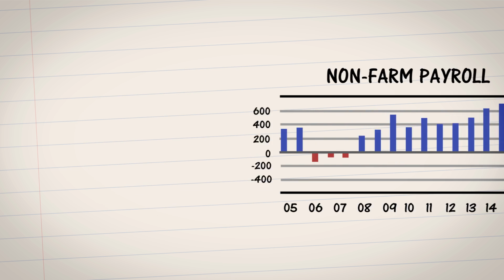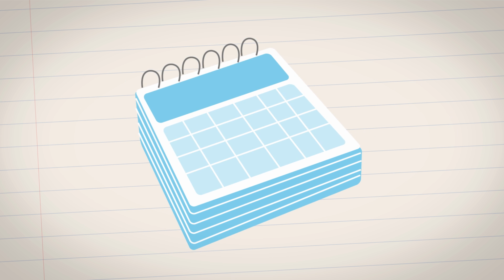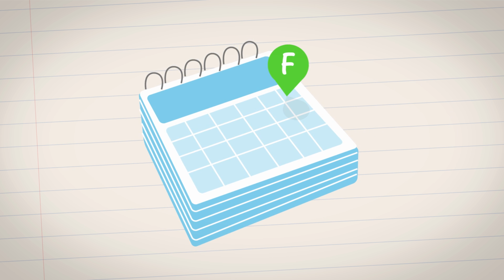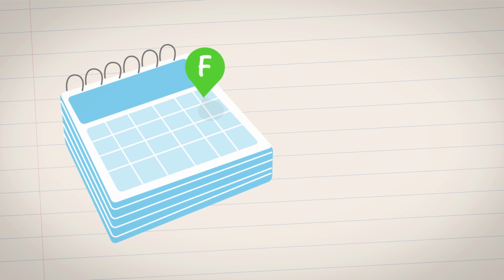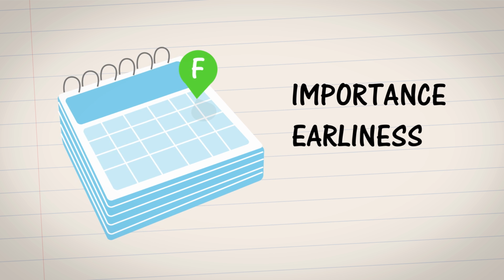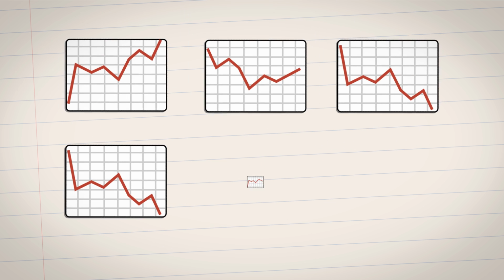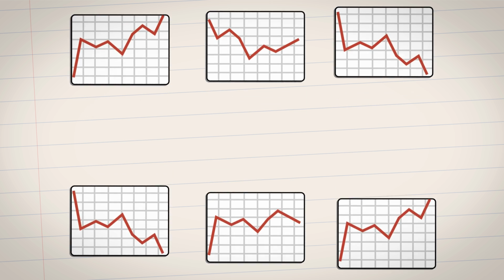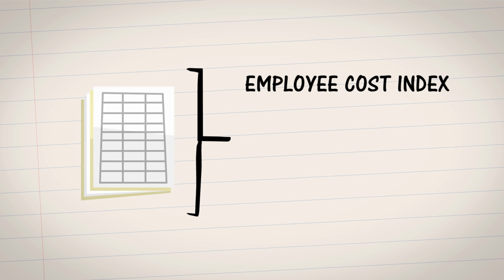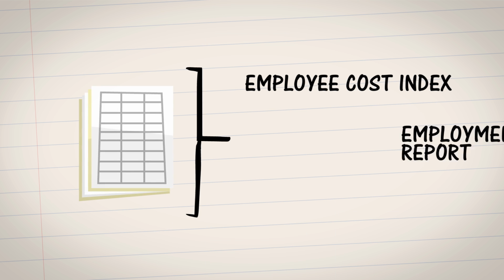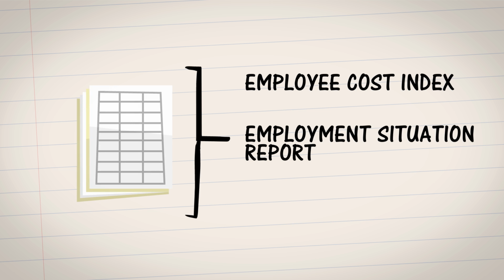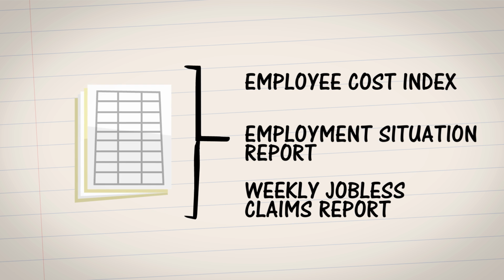This vital piece of economic data is released monthly, usually on the first Friday after the month ends. The combination of importance and earliness makes for hefty market impacts. Other indicators include the Employee Cost Index, or ECI, Employment Situation Report, and Weekly Jobless Claims Report.